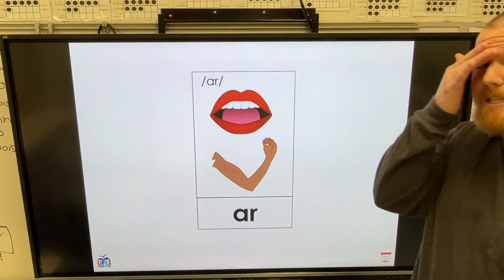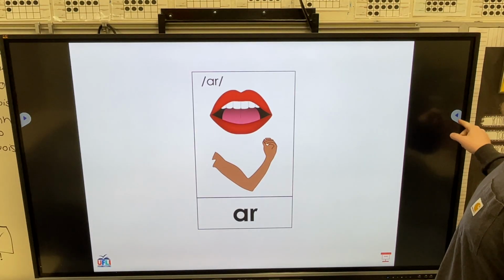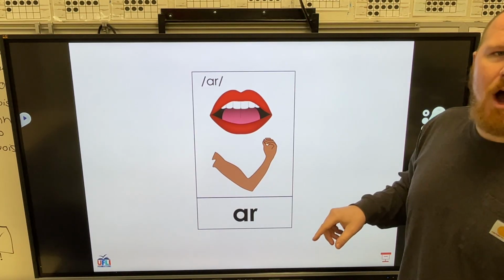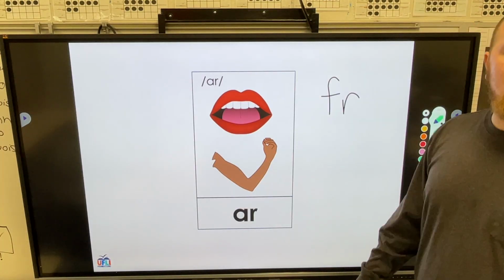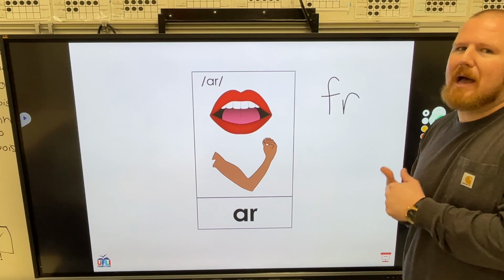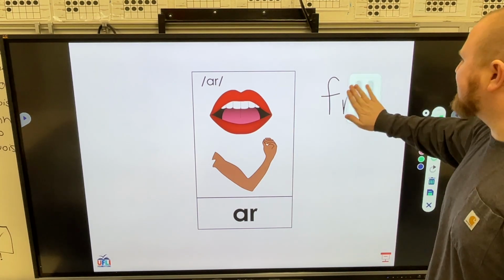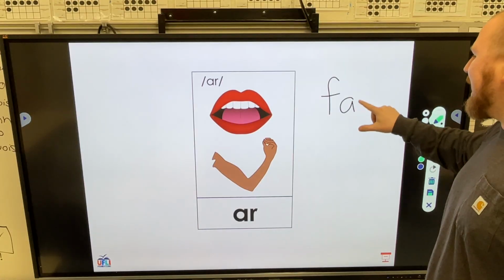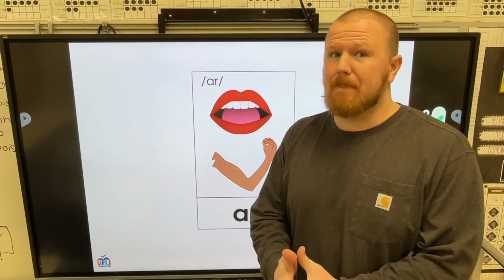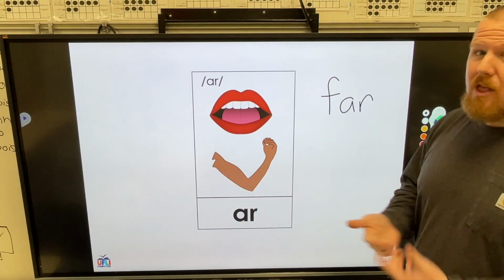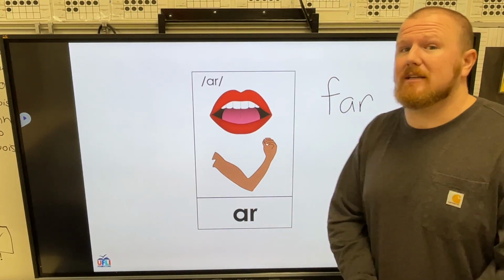The reason why we say that is because when we have spelling words, like if I said spell the word far, I have friends that go R, far. But that's not how you spell the sound R. That's the letter R. The sound R is AR. We have to know this, especially for spelling. If you don't have a vowel in there, then it can't be a word. Every word has to have a vowel. Every syllable has to have a vowel.